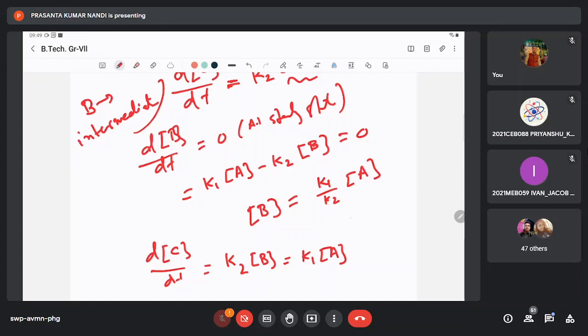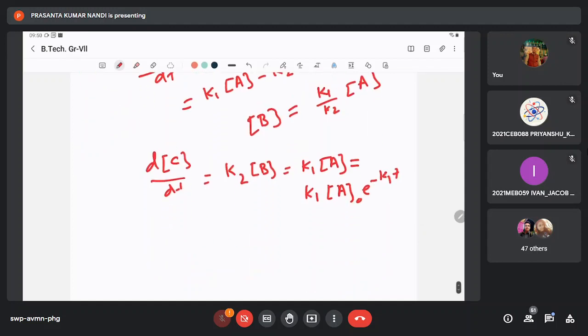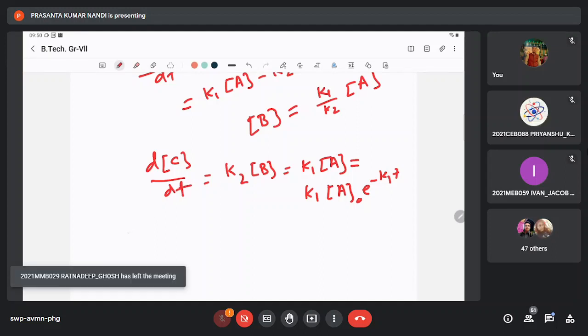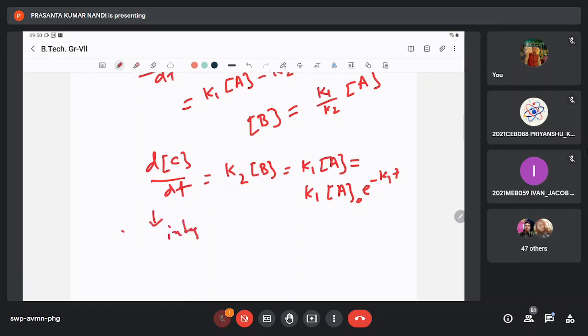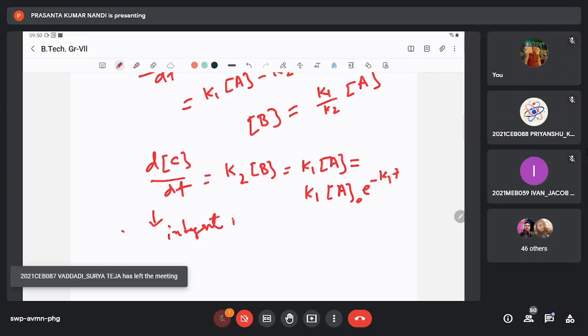And since the reaction is first order, this is equal to K1 A0 e to the power minus K1 t. Okay. And now you are asked to calculate the concentration of C, the product, so you have to integrate it. And what is the result?